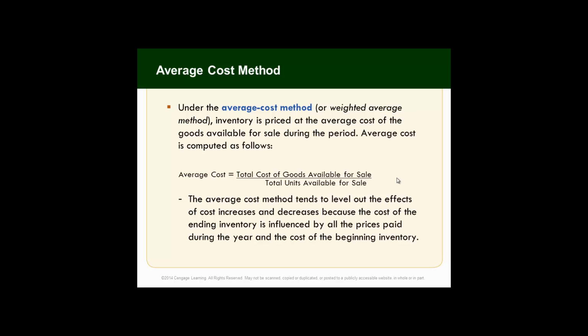Therefore, you know the average cost. You take the total cost of goods available for sale divided by the total units. So the average cost method tends to level out the effects of cost increase and decrease because it just takes a floating average, essentially. Ending inventory is influenced by all the prices paid during the year and the cost of the beginning inventory.